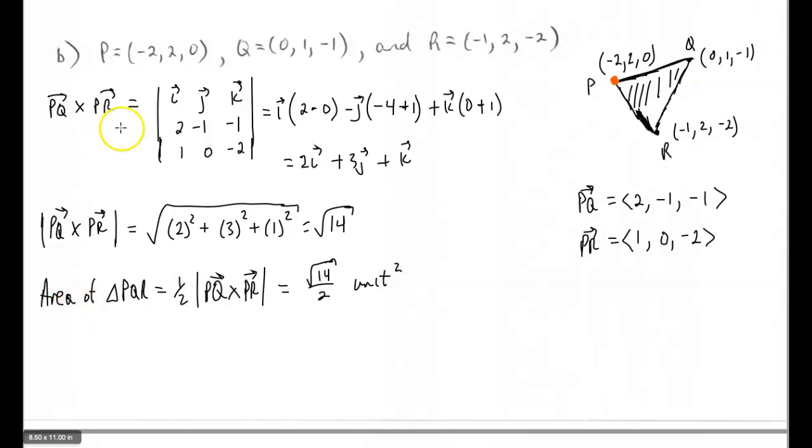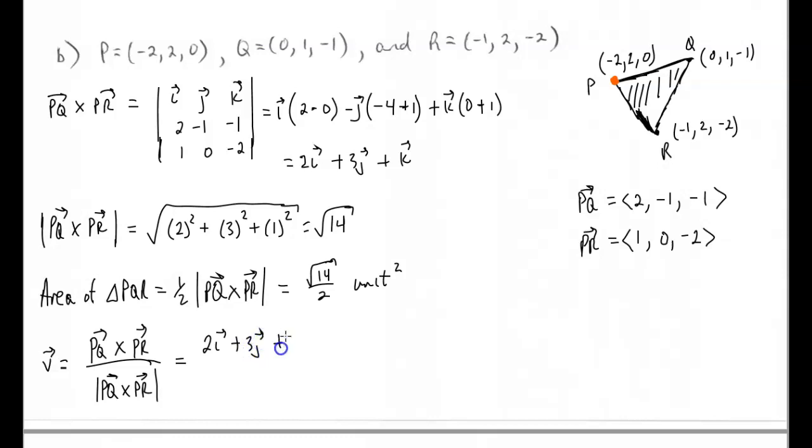And finally, if we let V be the vector that's perpendicular to the plane that has this triangle in it, then we can essentially just say that we do the cross product over the magnitude of the cross product of PQ and PR. Then this would just be 2I plus 3J plus K for the cross product, and then divide that by square root of 14.